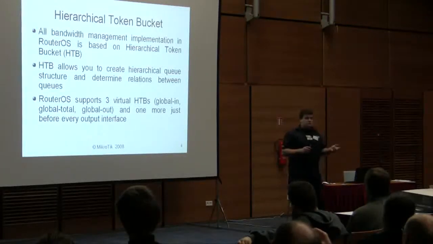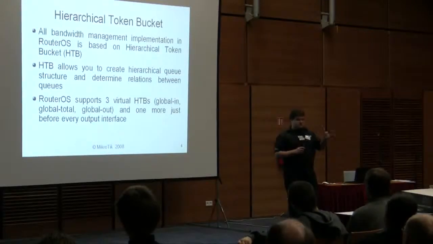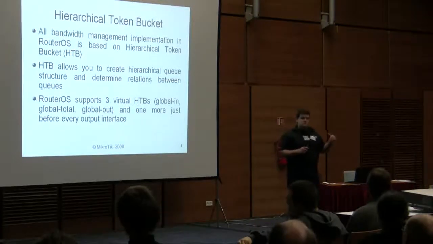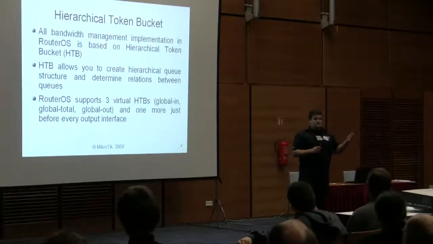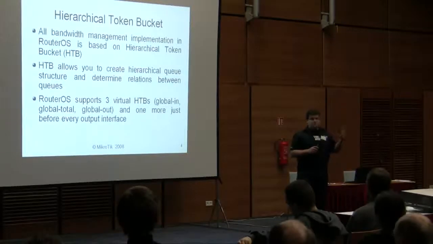HTB allows you to create a tree structure, and it defines the way the children relate to parents and between themselves. So basically all that you see in Q3, all those max limits, priorities, and the structure, is nothing more than HTB.